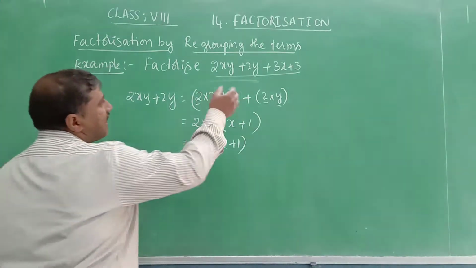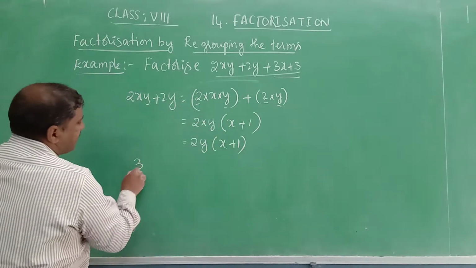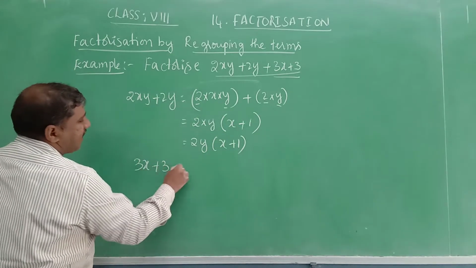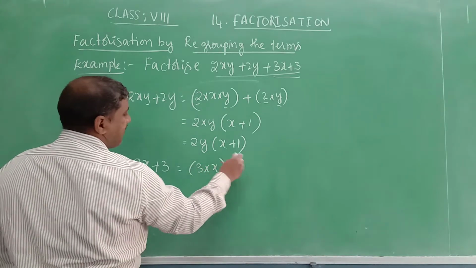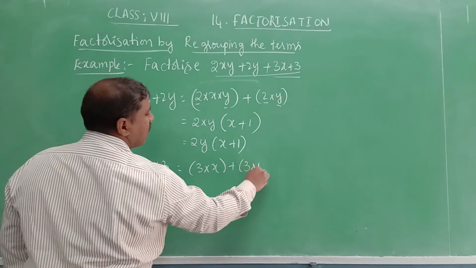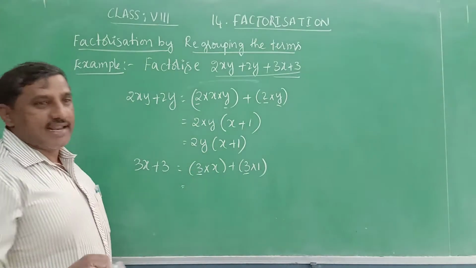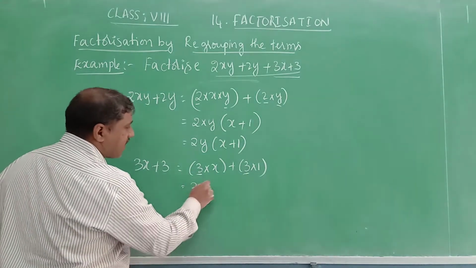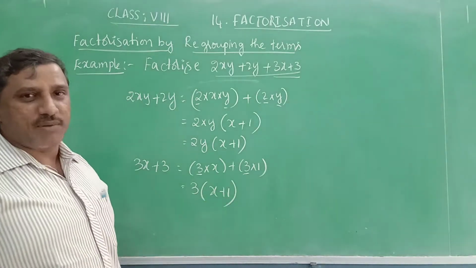Similarly, find the common factors for the last two terms, that is 3x plus 3. 3x means 3 into x, plus 3 means 3 into 1. Again here we have 3 common. Take 3 common, then what is left? x plus 1. 3 into x plus 1.